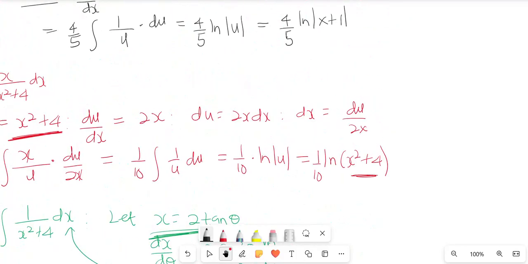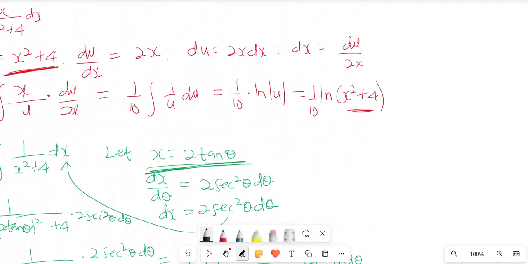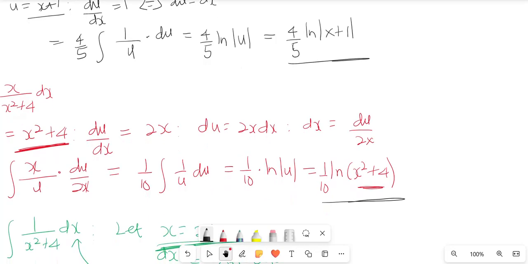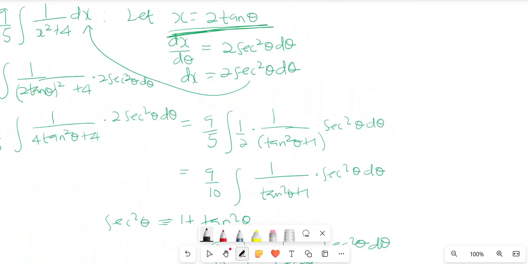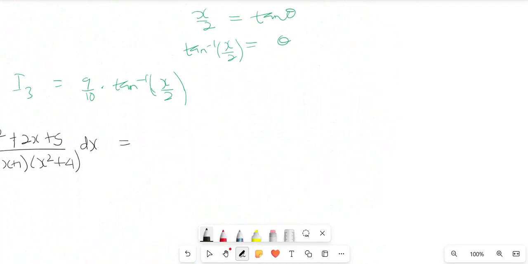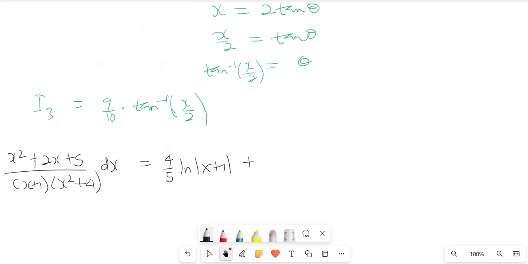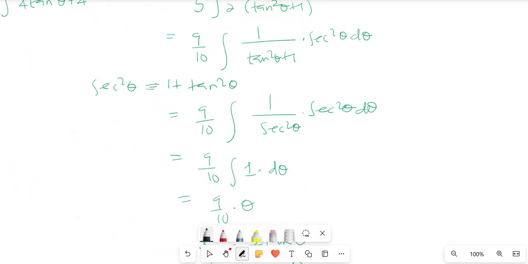the value of the first integral, which is, no, the first one is this one, 4 over 5 times the natural logarithm of x plus 1, plus the next integral. Next is I2.